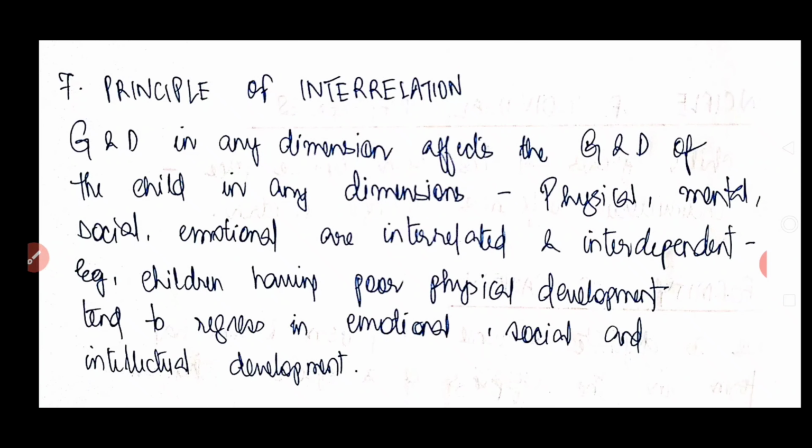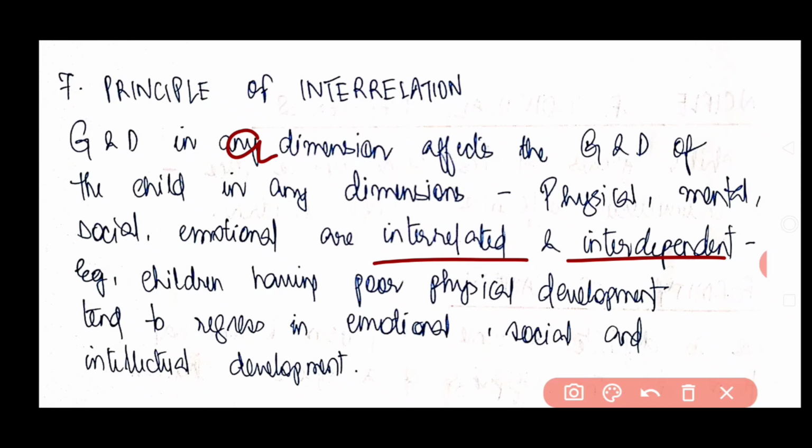The principle of interrelation. Growth and development in one dimension affects the growth and development of the child in any other dimension, be it physical, mental, social, or emotional. They are all interrelated and interdependent. An example cited here is that children having poor physical development tend to regress in emotional, social and intellectual development.